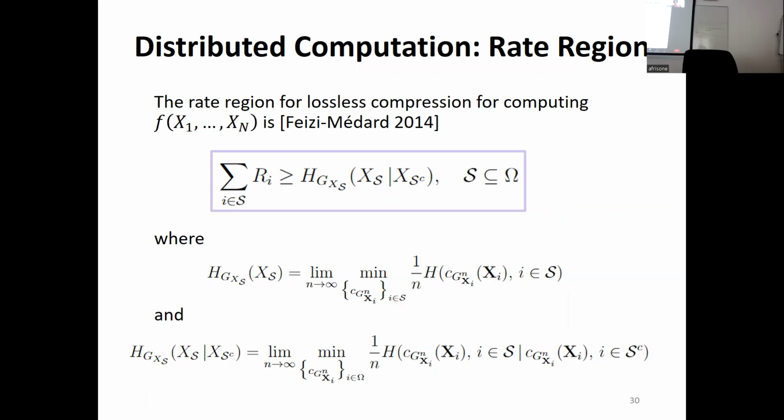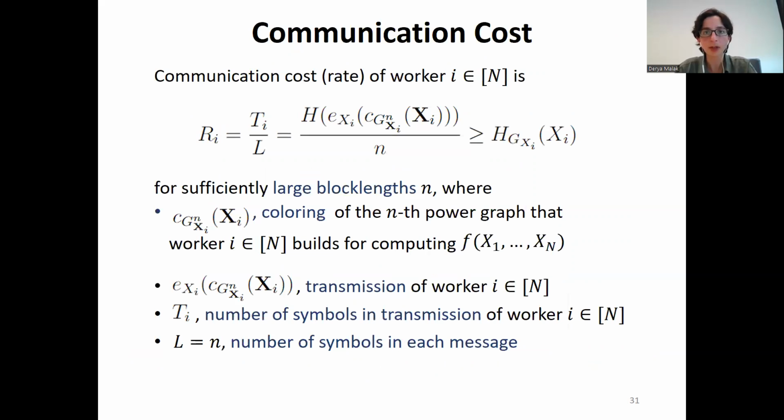Okay, so once we know how to construct the graph, the rate region is not hard to determine. It can be determined using these entropies for these multivariables that model the set of sources that we want to compress. And like more formally, if we want to compute the communication cost of a specific worker, okay, for a given block length n, we first need to build a graph, and we then need to find a coloring, which is denoted by this variable, for computing this multivariate function.